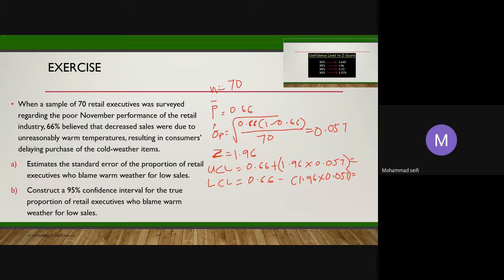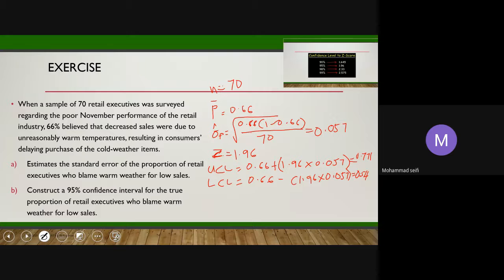And for the lower control limit it is 0.54. The upper is 0.771, so about 0.77.